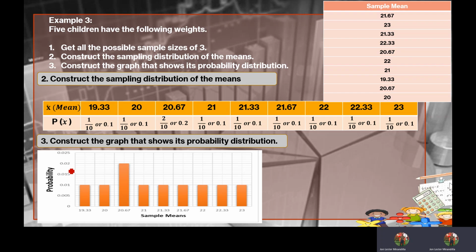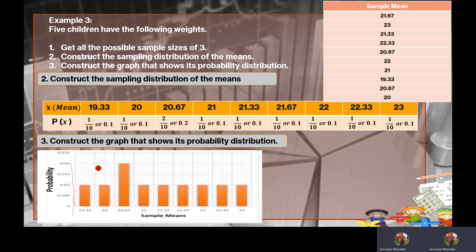Ano ba yung probability na makukuha natin yung 19.33? We have 0.1. Kaya nag-fall siya sa ating y-axis, which is nandito yung mga probabilities. Nag-fall si 19.33 sa probability of 0.01. Same with mean of 20, kung saan yung probability of getting a mean of 20 is 1 out of 10. So, 0.1 lang din siya. Kaya nagpo-fall siya sa ating y-axis na 0.01.